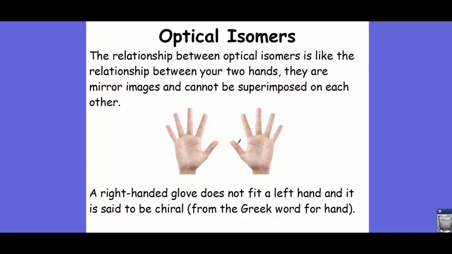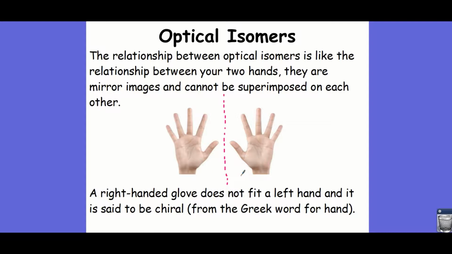So we go from your thumb to your pointing finger, to your middle finger, to your ring finger, to your pinky. The order in which they are arranged is exactly the same, except they are a mirror image of each other. So no matter what way you hold your hands, it is a mirror image. And that is what we're looking for in optical isomers.